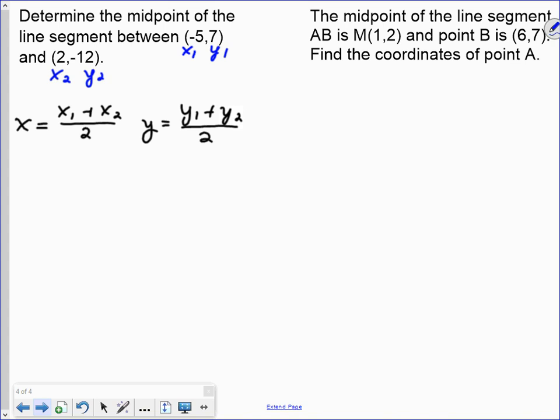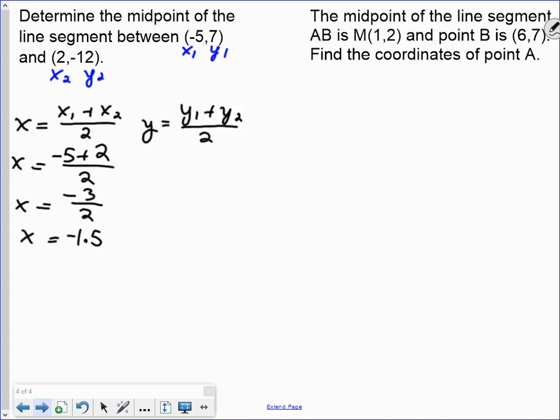Each point always has to be x, y and then x, y. And then I'm just going to sub in this given information. So x1 is -5, x2 is 2, and I want to divide that by 2. So x is going to be -3 divided by 2, or -1.5.